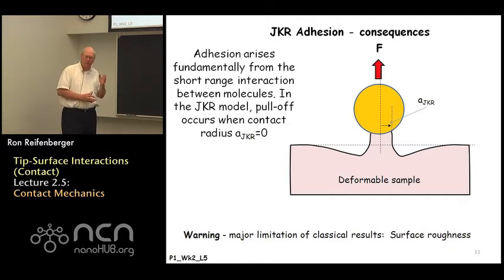The consequences of this JKR adhesion model is indicated in this slide, at least qualitatively. The adhesion arises fundamentally from these short-range interactions between atoms and molecules in the tip and the substrate. That's the assumption of the model.